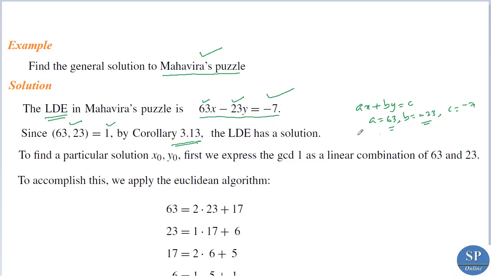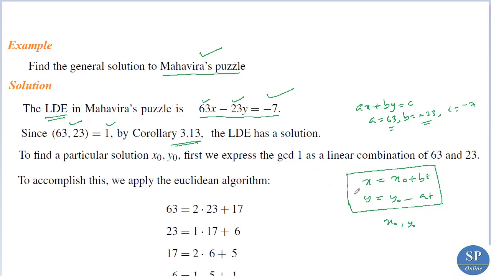Now to find the general solution, we know the general solution of this LDE is given by x equal to x naught plus bt and y equal to y naught minus at, where x naught, y naught is a particular solution.